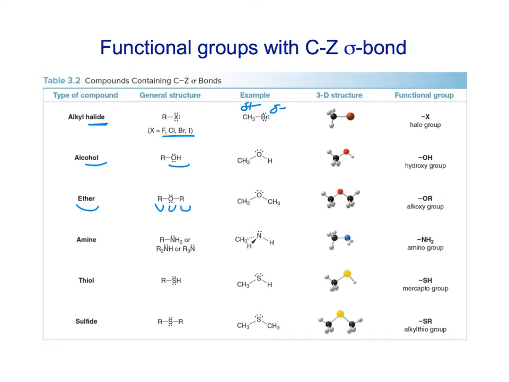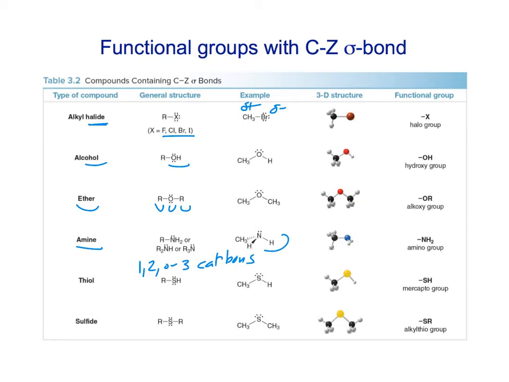If we put a nitrogen instead of an oxygen, we can generate an amine. And amines can either have 1, 2, or 3 carbons attached. So like this one over here has only 1 carbon. If we replace those hydrogens with other carbons, we can either replace one or both and they'll still be called amines.